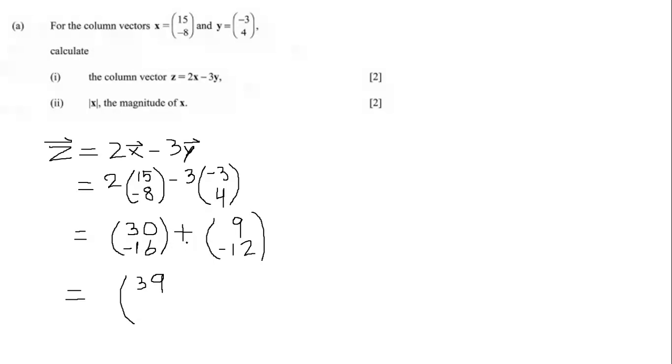If you owe me $16 and you owe me $12, the total amount you owe me is $28. So -16 plus -12 is actually -28. You can put it in your calculator to verify. So we have found that z is equal to 39, -28. This is the column vector z.